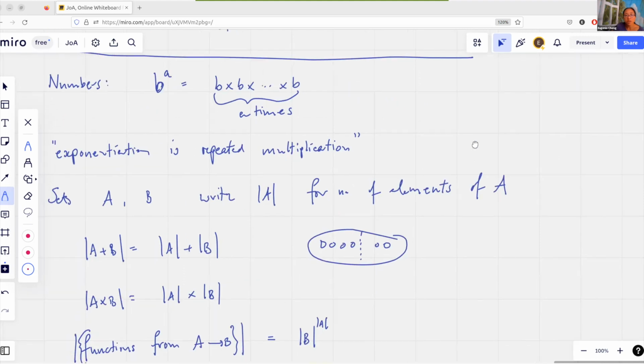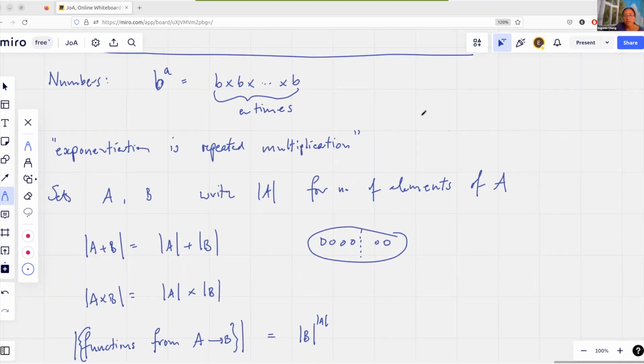What we're really doing here is taking a repeated product, the product over all the elements of A of the set B. And this only works if A is a set, and B can be inside any category. Now, what does this mean?